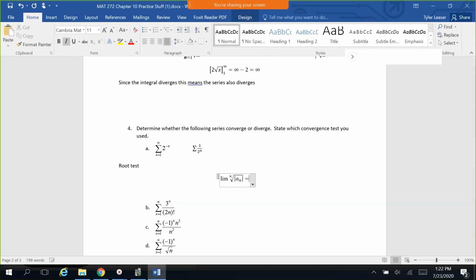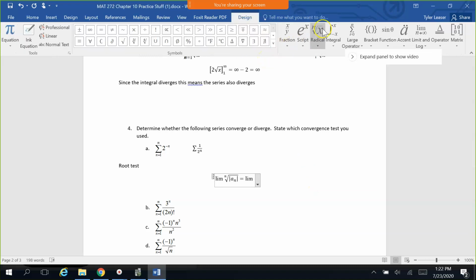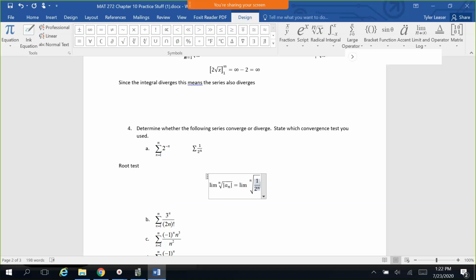All right, so plugging in what we have is going to be the limit of the nth root. I don't have to worry about the absolute value because 1 over 2 to the n is always positive anyway. And if I take the nth root of this, I'm just going to get 1/2.